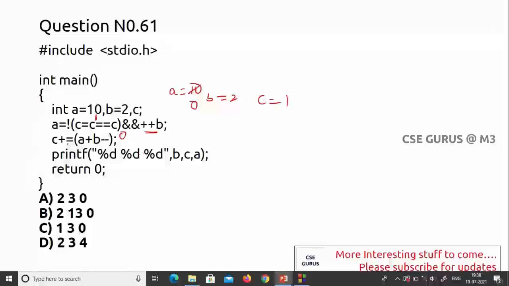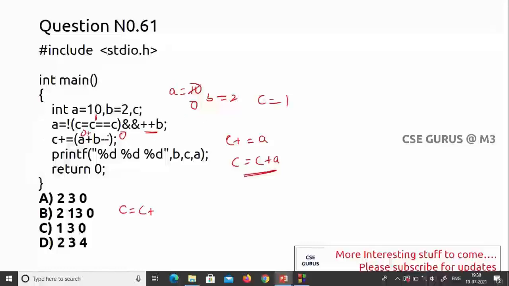Now here one more statement, C plus equals. What is the meaning of plus equals? If I say C plus equals A, it means C equals C plus A. Anyway, I'll cover this in assignment operators. Now you can observe here, C plus equals means C equals C plus this entire. What is the value of this one? A. What is A value? 0.